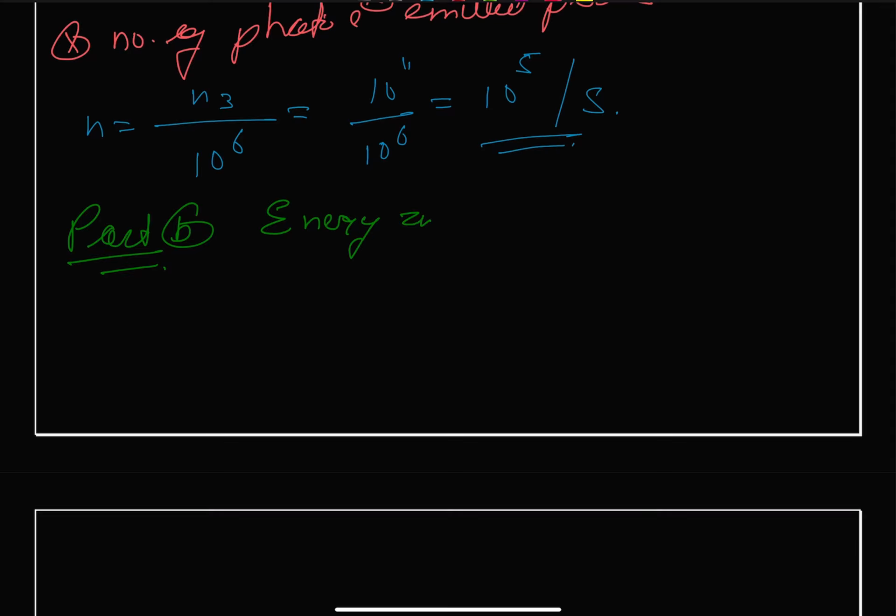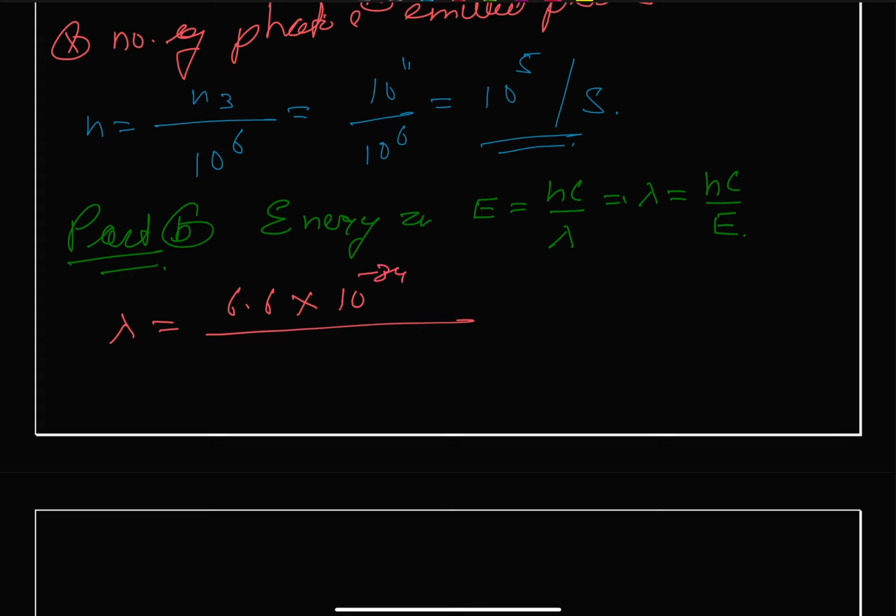Energy E is equal to hc upon lambda, which gives lambda is equal to hc upon E. And E we already know, so we get lambda is equal to 6.6 into 10 to the power minus 34, speed of light is 3 into 10 to the power 8, and energy is 8.01 into 10 to the power minus 19, which gives us a wavelength of 2.48 into 10 to the power minus 7 meters.